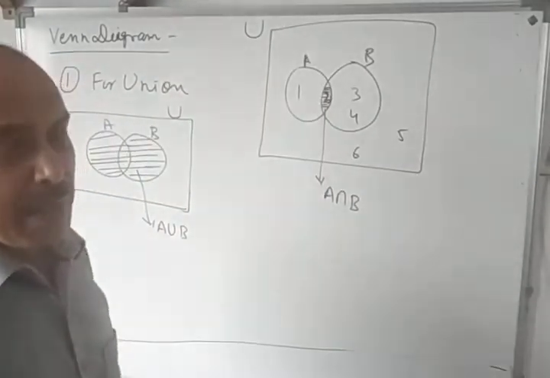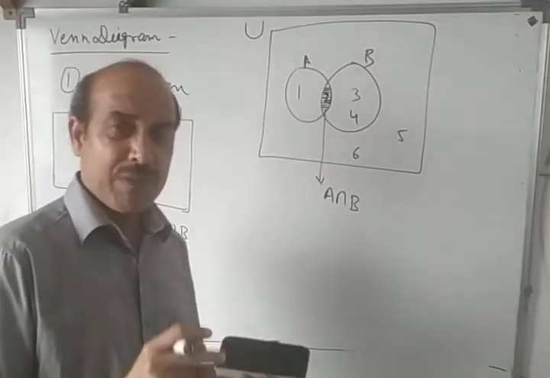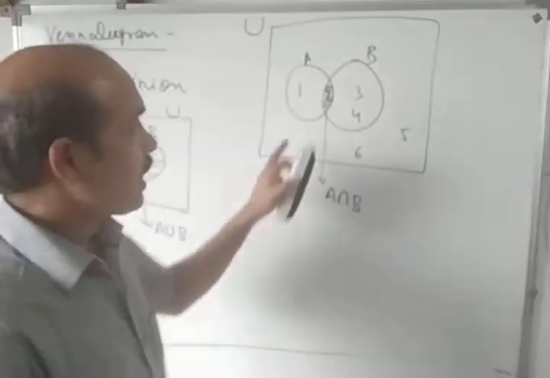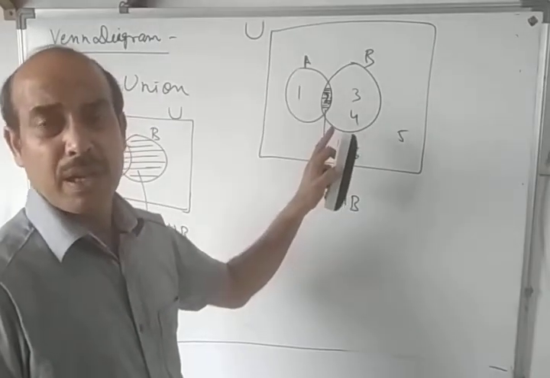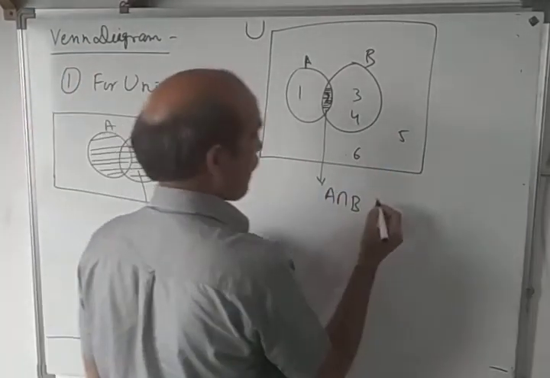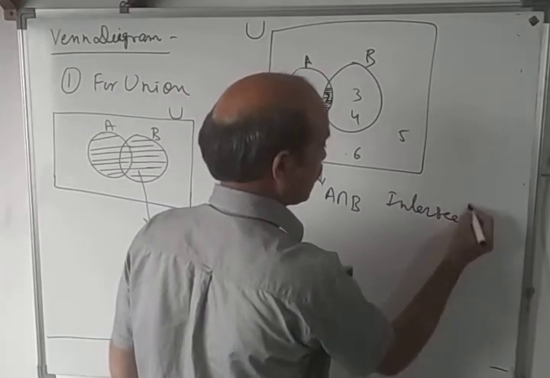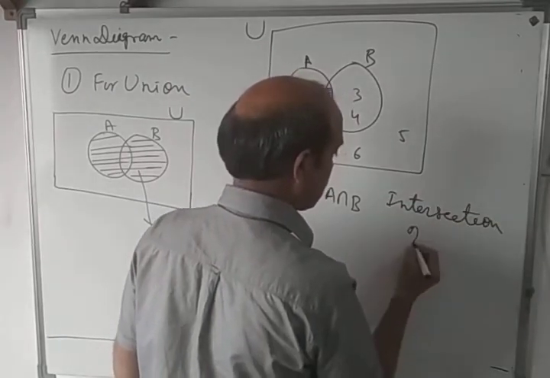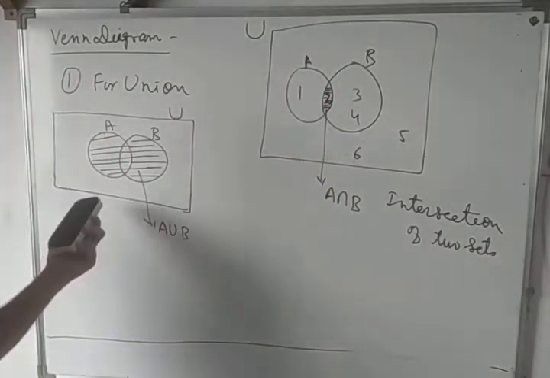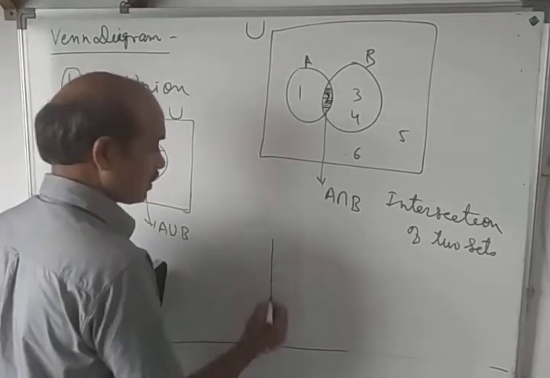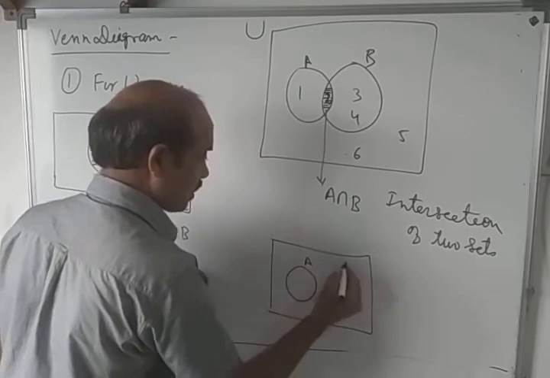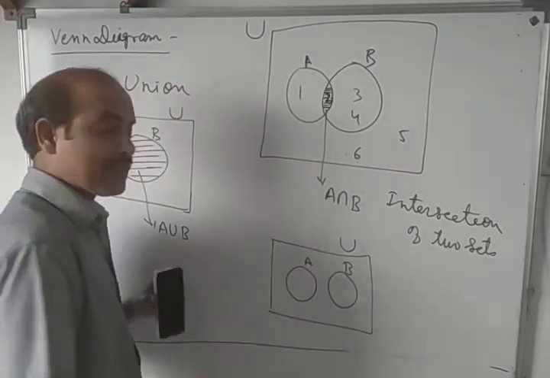If they are asking, give example of union and intersection and represent by Venn diagram, then you have to take examples also and show by the Venn diagram. So this is intersection, this is union, not disjoint, because nothing is common, so they will be represented as separate sets.